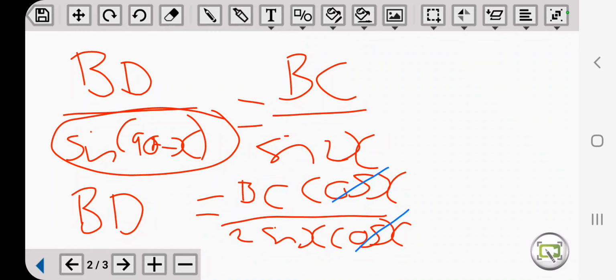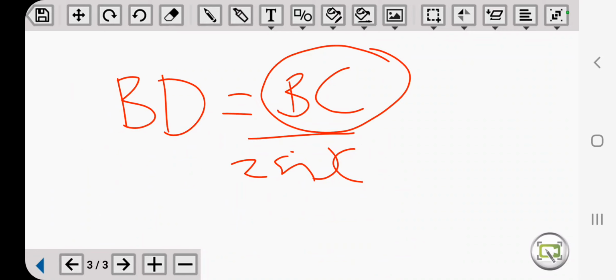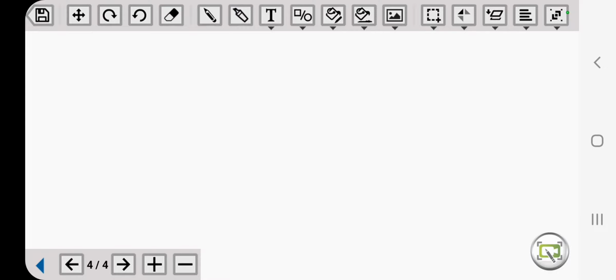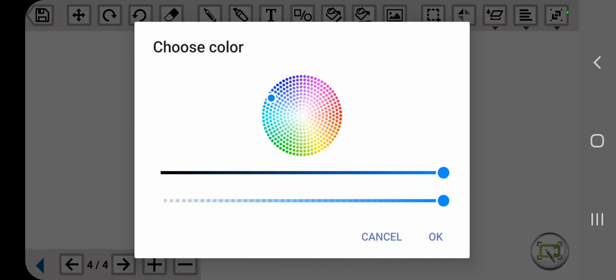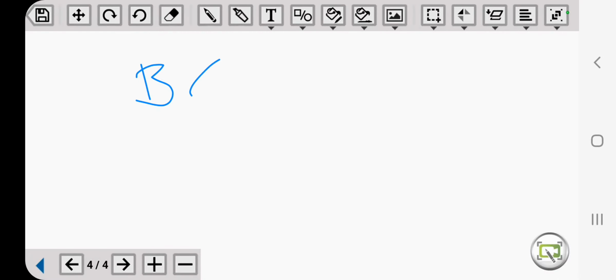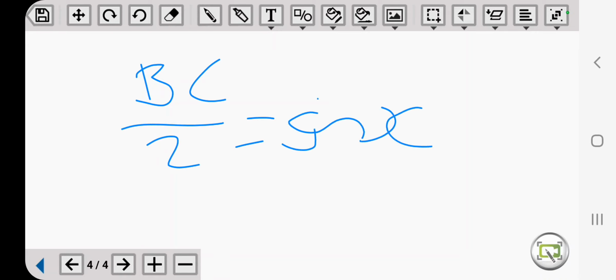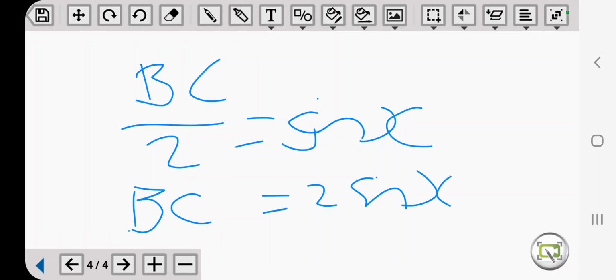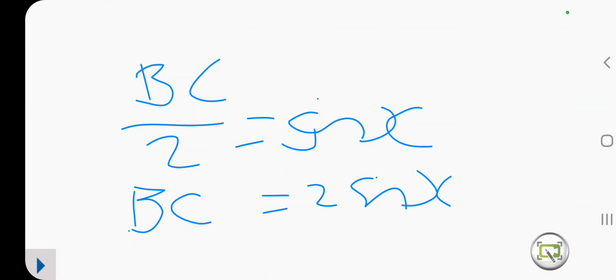In other words, opposite over hypotenuse is equal to sine x. So BC over 2 is equal to sine x. We want BC alone. So BC is 2 sine x. We multiply with the 2 on both sides. And on the right hand, we now have 2 sine x.